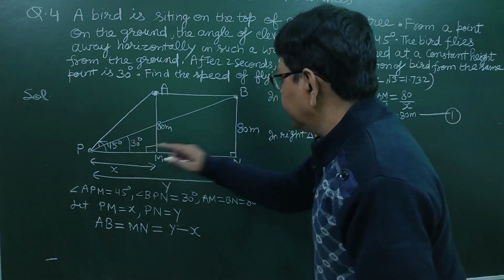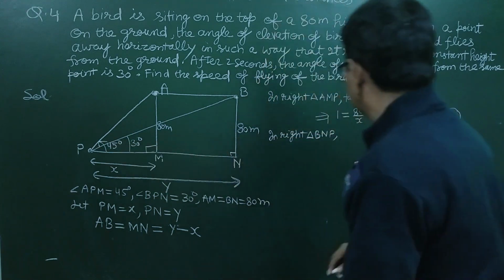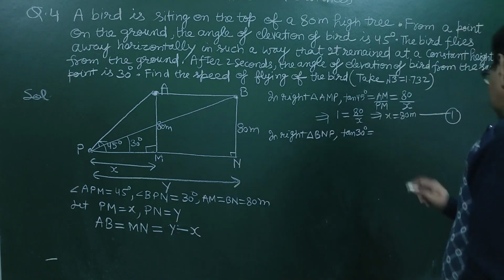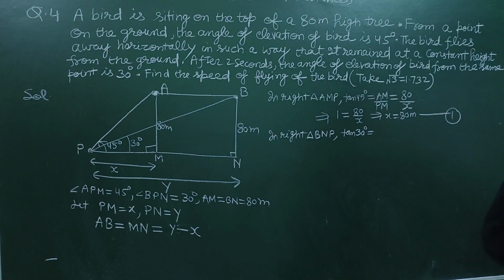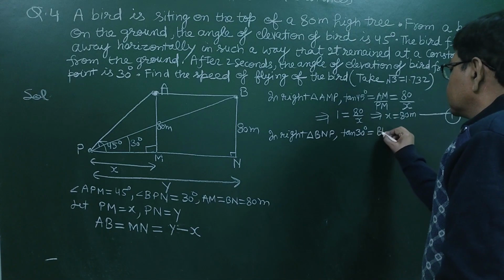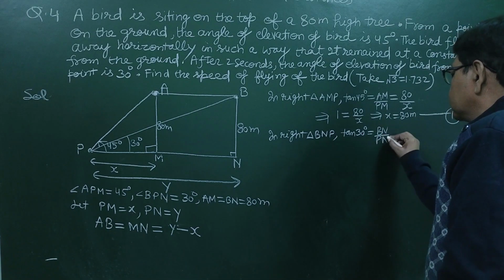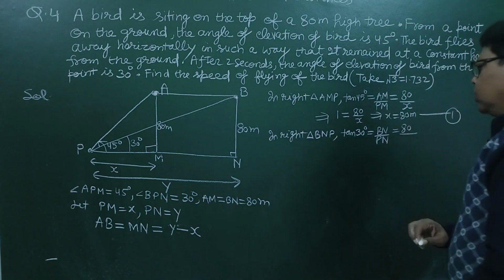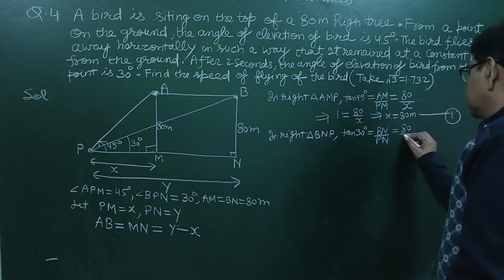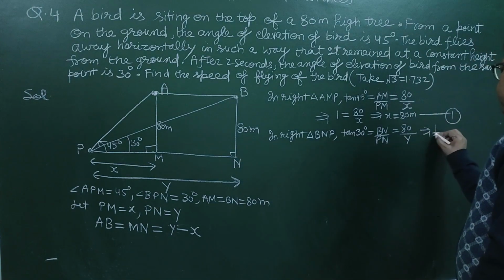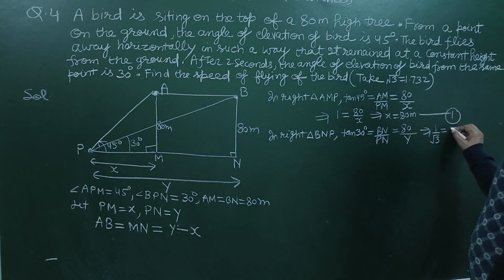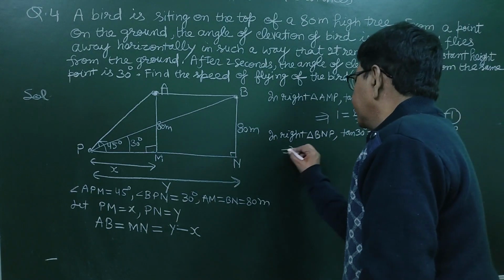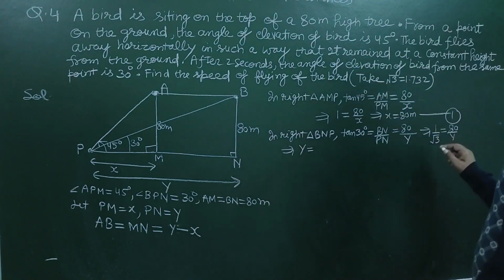Tan 30 degrees is equal to BN upon PN. BN is also 80 meters, and PN is y. So if we put the value, 1 by root 3 is equal to 80 upon y, that is the value of y is equal to 80 root 3 meters.